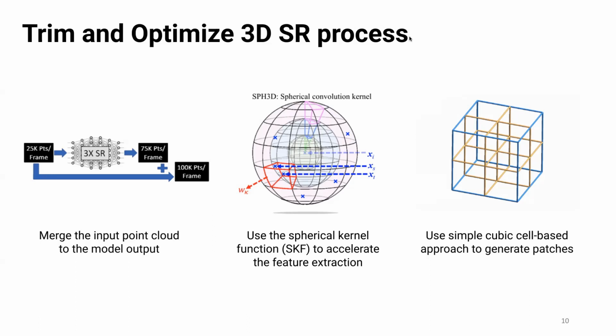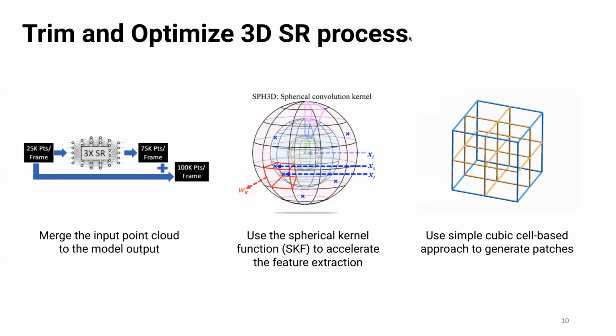And then they also used the simple cubic cell-based approach to generate the patches. In the previous models such as PUGAN and NPU, they used the PointNet-based patch generation, which was related to convolution funnel. For the patch generation, they usually downsample the point cloud to get the seeds, and then they do K nearest neighbor to make the patches.